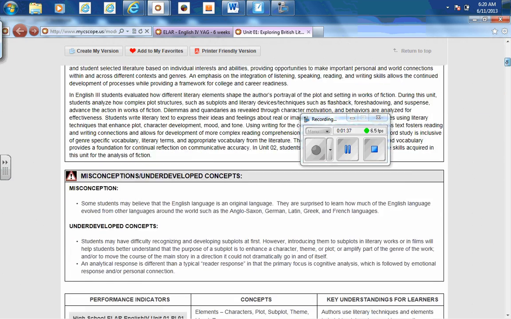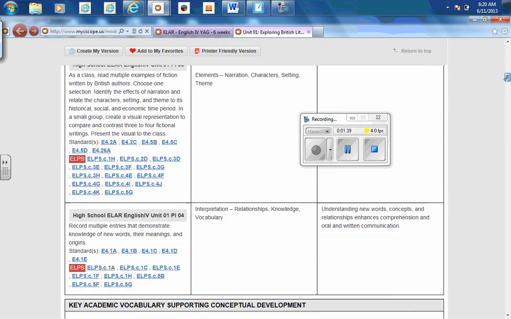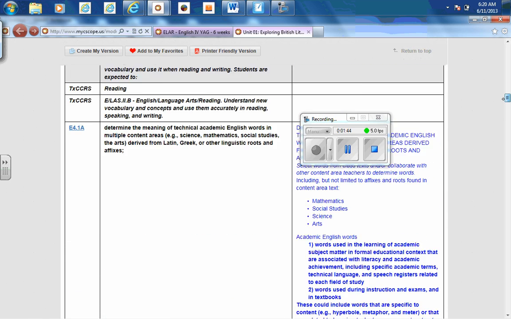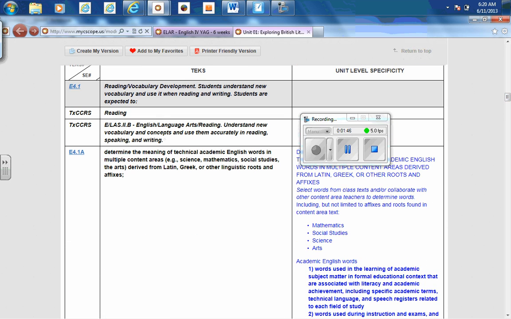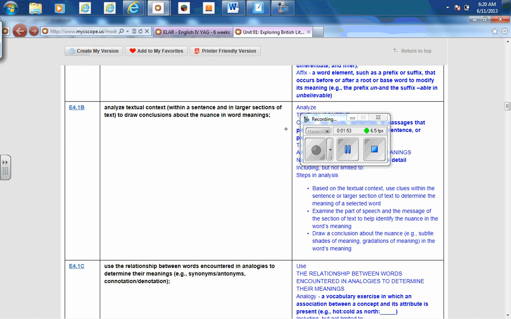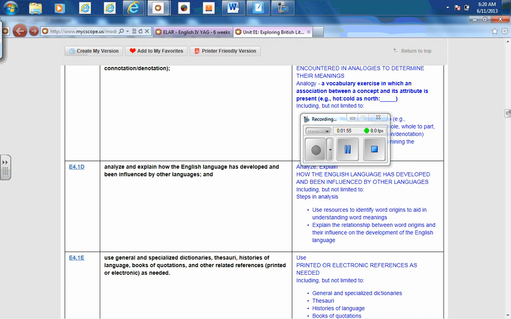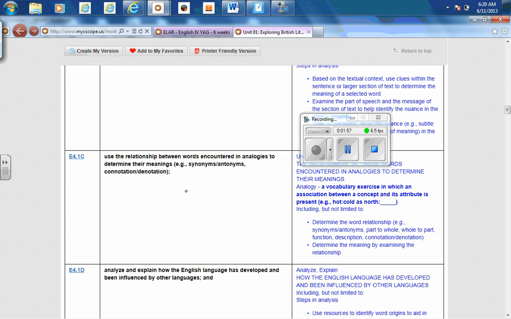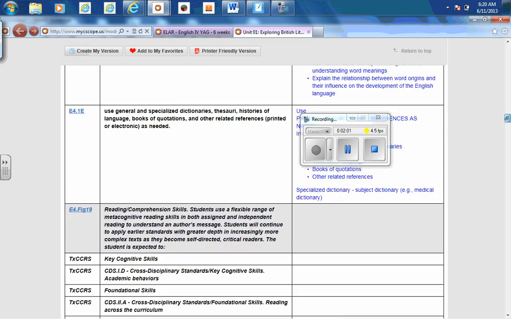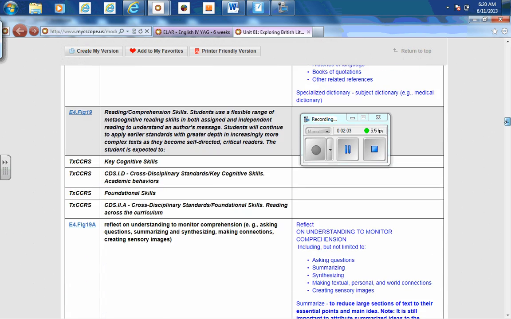Instead, when we work our way through, what we discover is we need to determine the meaning of technical academic words, analyze textual context, use relationships between words, and as we work our way through, I'm not going to read every single one of these.